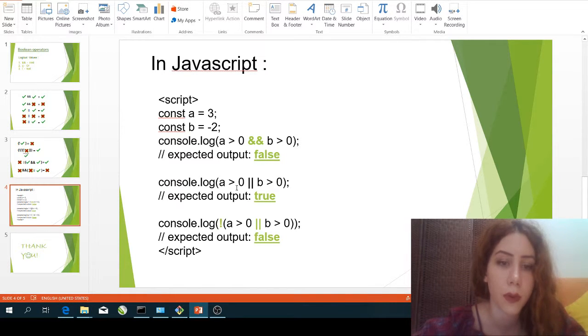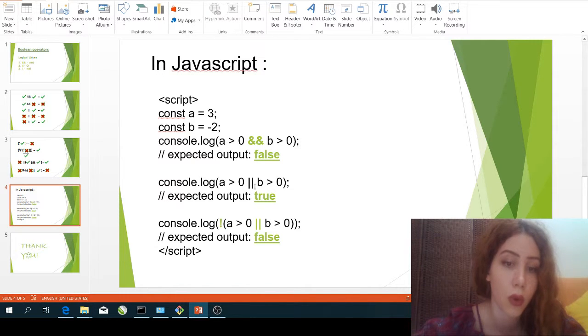So if we write console log a greater than 0 or b greater than 0, we know that a is greater than 0 because it's 3, so that is true. B is not greater than 0, so it's false.